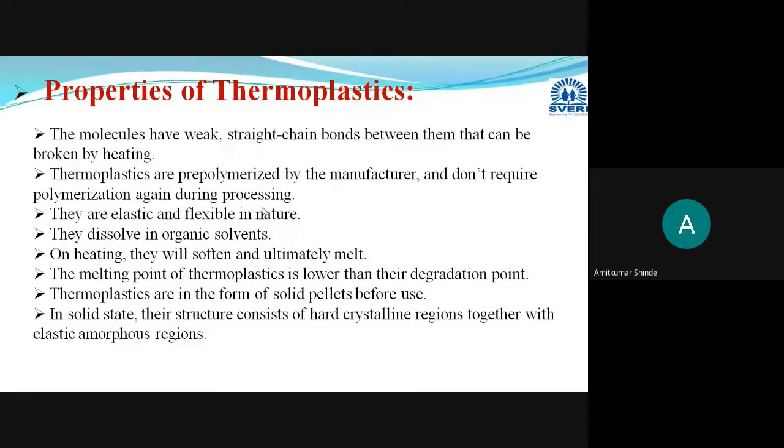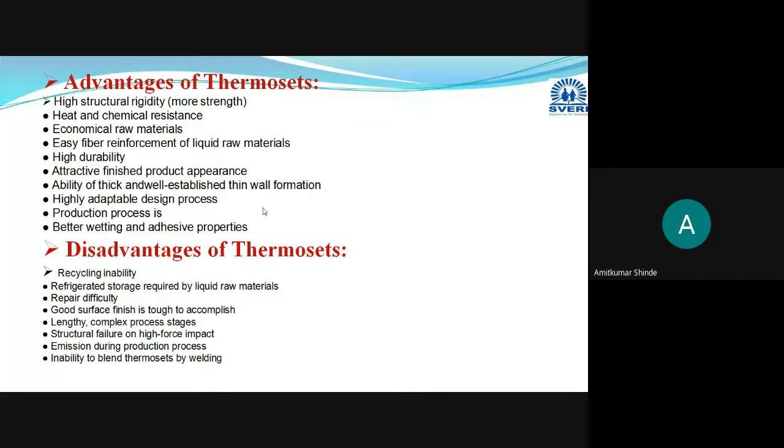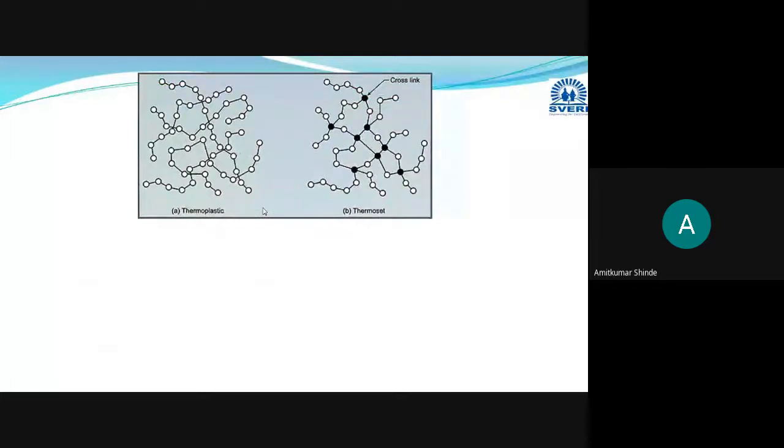For better understanding of thermoplasts and thermosets, I have collected this diagram. Is it clearly visible? Please provide me a reply, otherwise I will enlarge this screen or diagram. You can provide the reply in the chat box. Okay, it's visible.